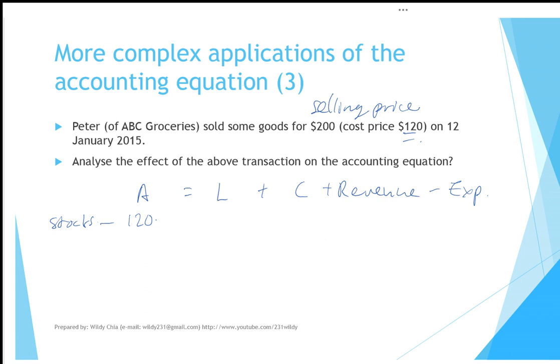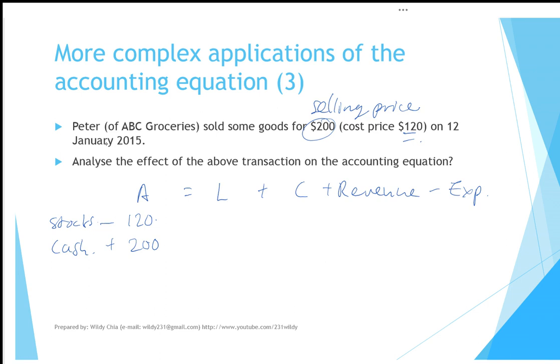And this also means that the business, by taking out its stocks to sell, has also generated revenues of 200. Now this 200 can be in the form of cash collections. Let's assume that it is paid up in full. Assume that the customer has paid up the 200.